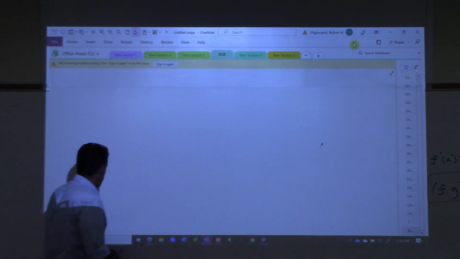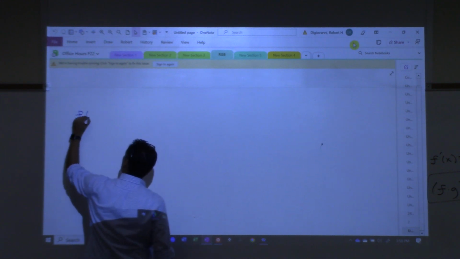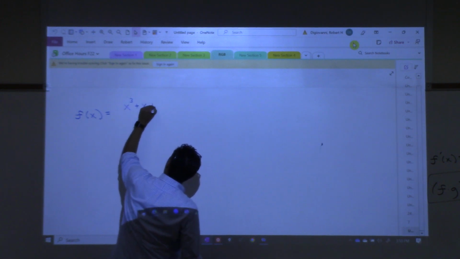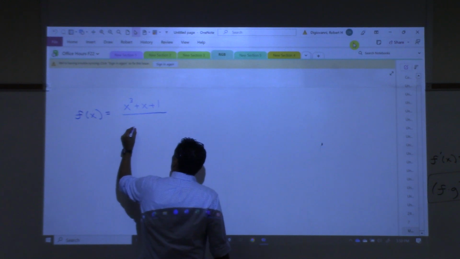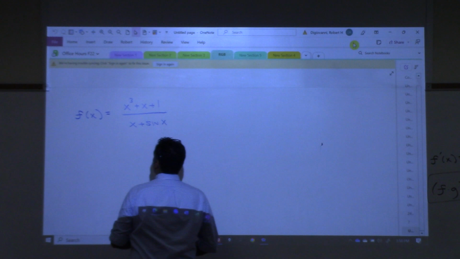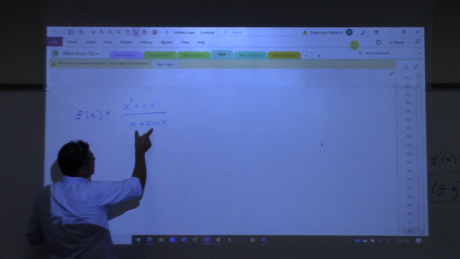How about this? What if I give you a function. Can you do x to the third plus x plus 1 times x to the negative 1/2 plus.